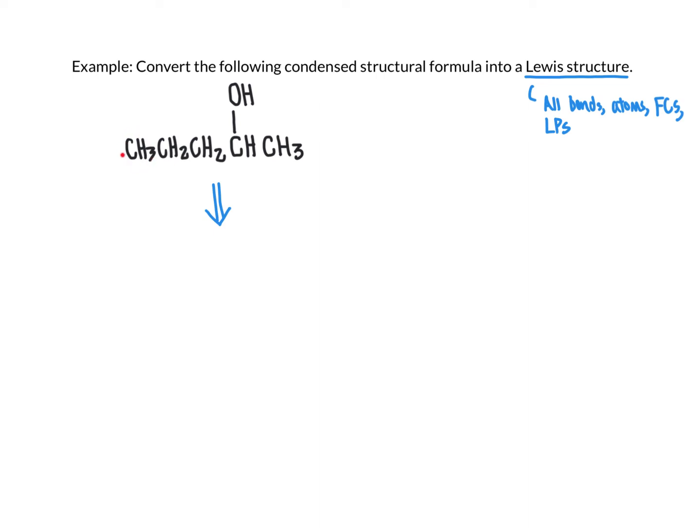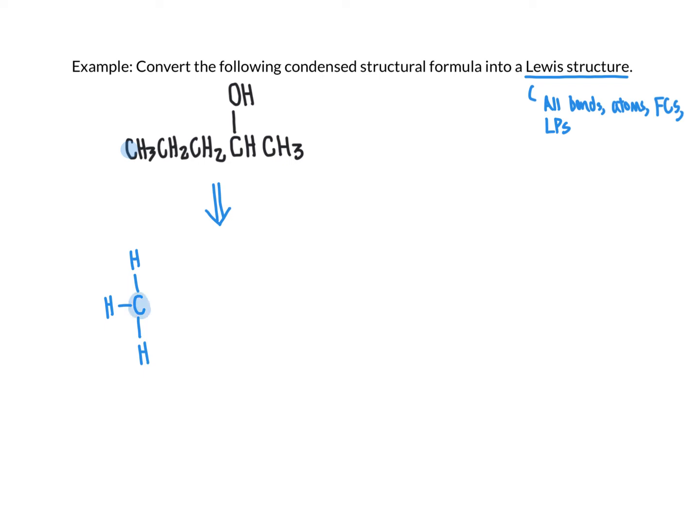So starting at the left-hand end, we have a CH3 group. And that CH3, the abbreviation CH3, means that those 3 hydrogens are directly bonded to that carbon atom. So I plug that in like so. So we have our carbon there and the 3 hydrogens that carbon is bonded to.